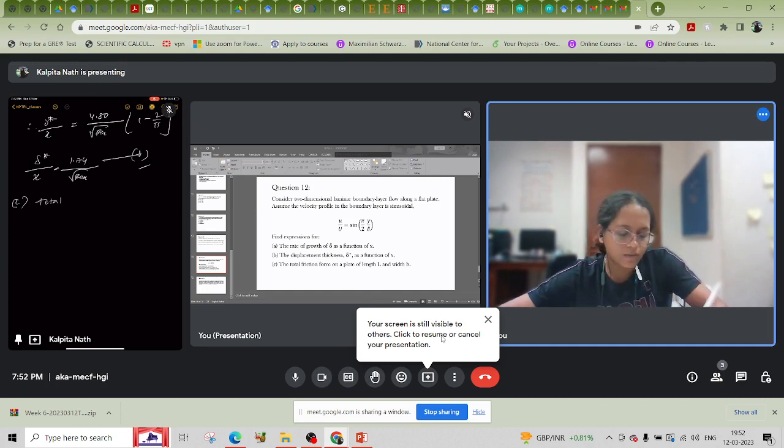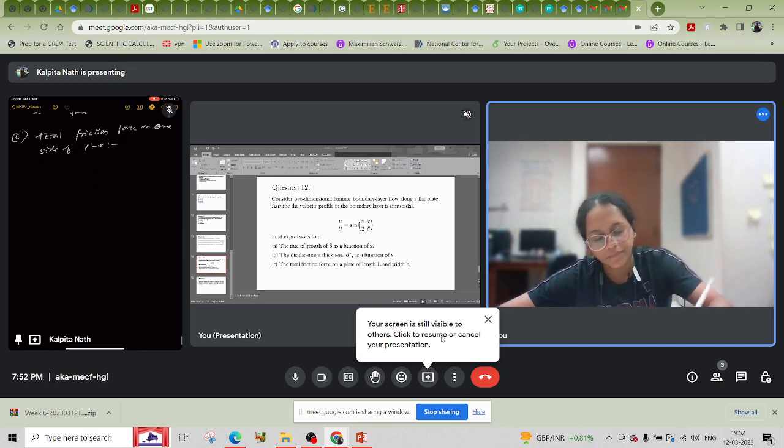Total friction force on one side of the plate. F is equal to the integral over the area of projection of tau w dA.